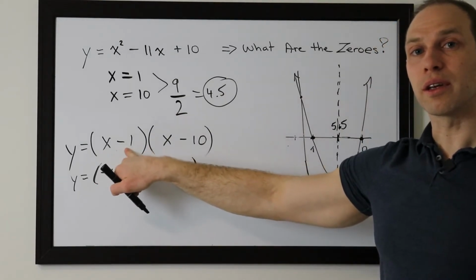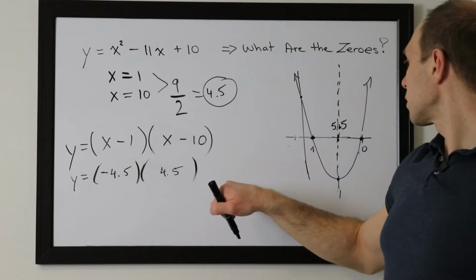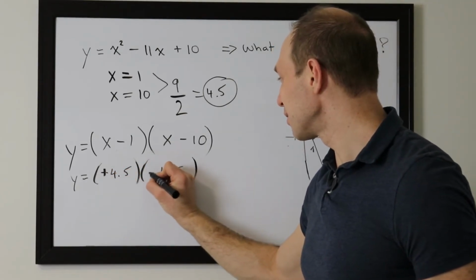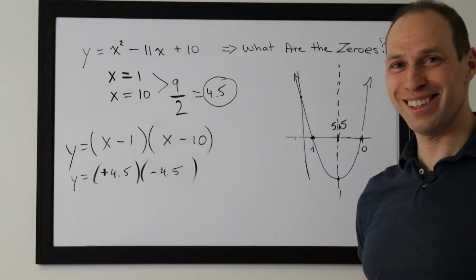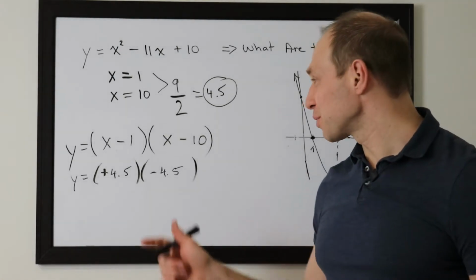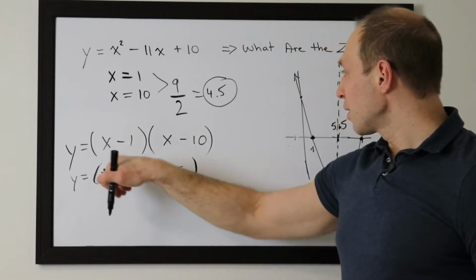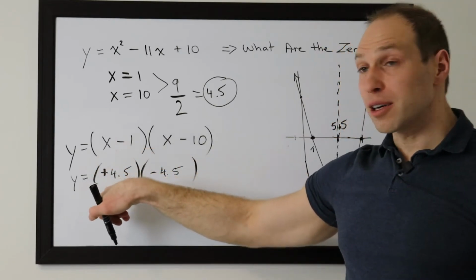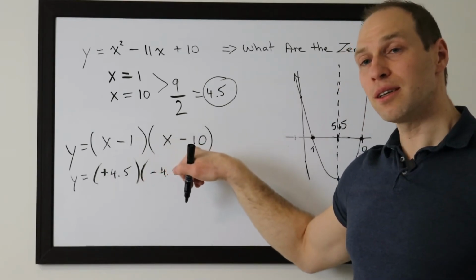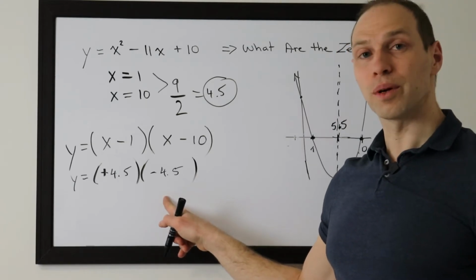5.5 minus 1 gives us negative 4.5. Whoops. So you have to be careful with the signs. I always said that whenever you're dealing with positive or negative signs, you have to be very vigilant. So 5.5 minus 1 is positive 4.5. And 5.5 minus 10 gives us negative 4.5. When you multiply these two numbers together, what do we get?